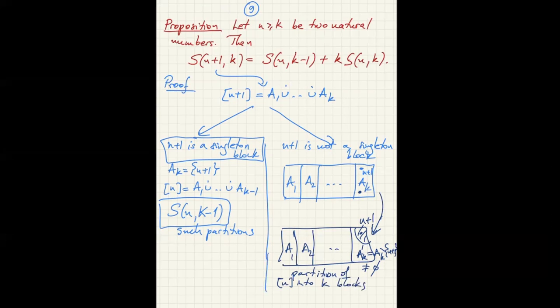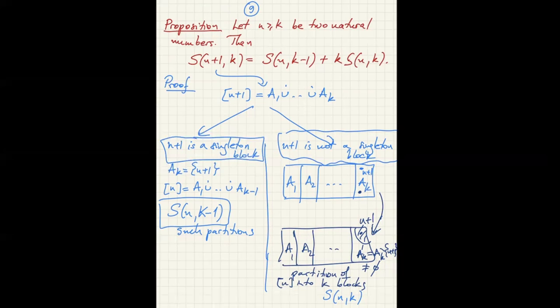What about backwards? In how many ways can we get such a partition, with this property? Well, if we have a partition of n into k parts, there are S(n,k) such partitions, then we can insert n plus 1 in any one of the k blocks, and we get a partition of n plus 1 into k blocks where n plus 1 is not a singleton.